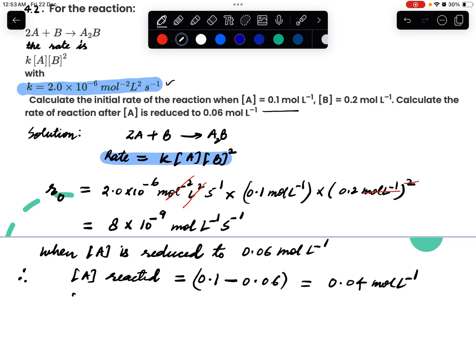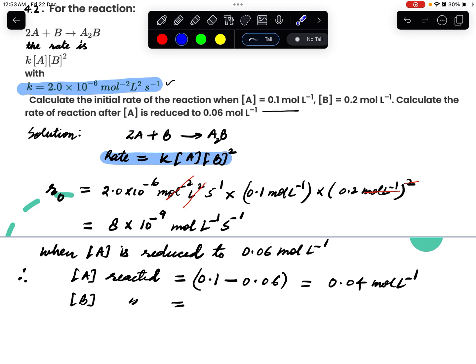Therefore, what will be the amount of B reacted? Have a look at the balanced chemical equation given to us. If 2 molecules of A are reacting, 1 molecule of B will react. So whatever amount of A reacts, half that amount of B will react to give the product.